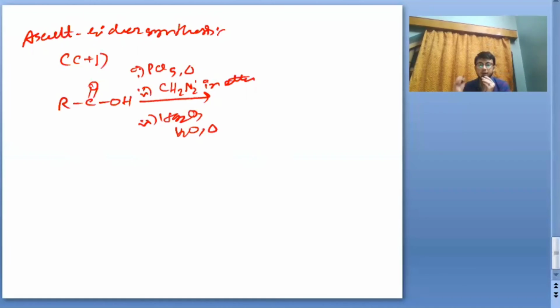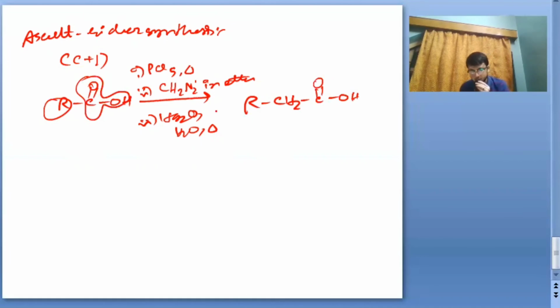What happens? Another CH2 group is added in between this R and C double bond OH group. So CH2 group is added here. So that is why it is a C+1 reaction.